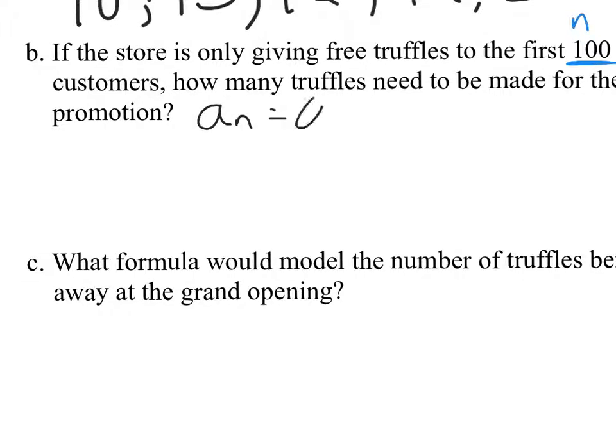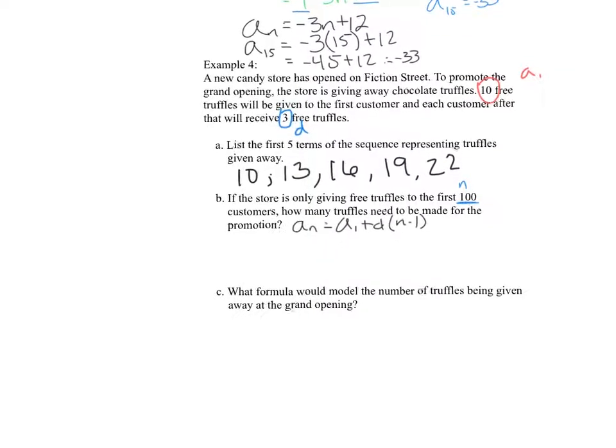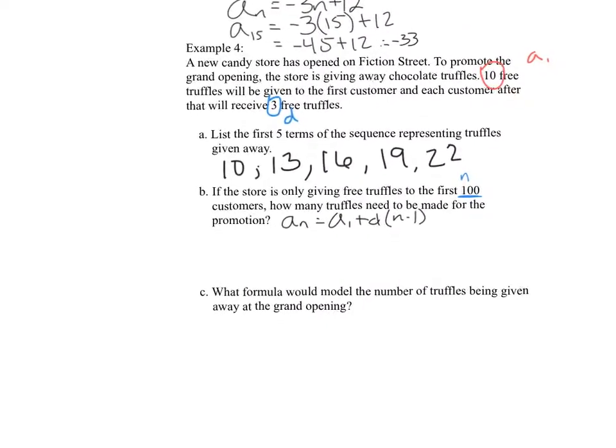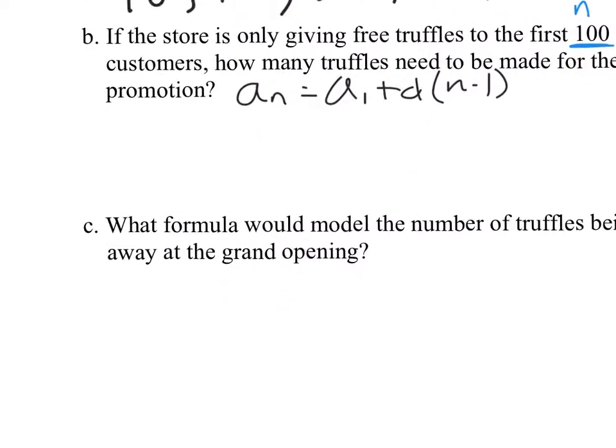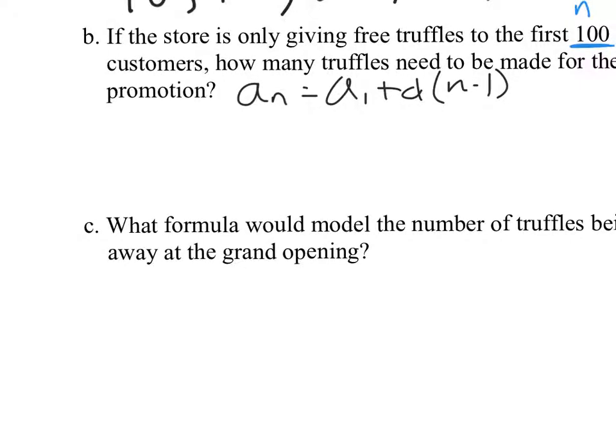A sub n equals a sub 1 plus D times n minus 1. And then we're going to plug in our numbers. We said that a sub 1 is 10 and D is 3. So those are the numbers we're going to use. So we have a sub n equals 10 plus 3 times n minus 1.